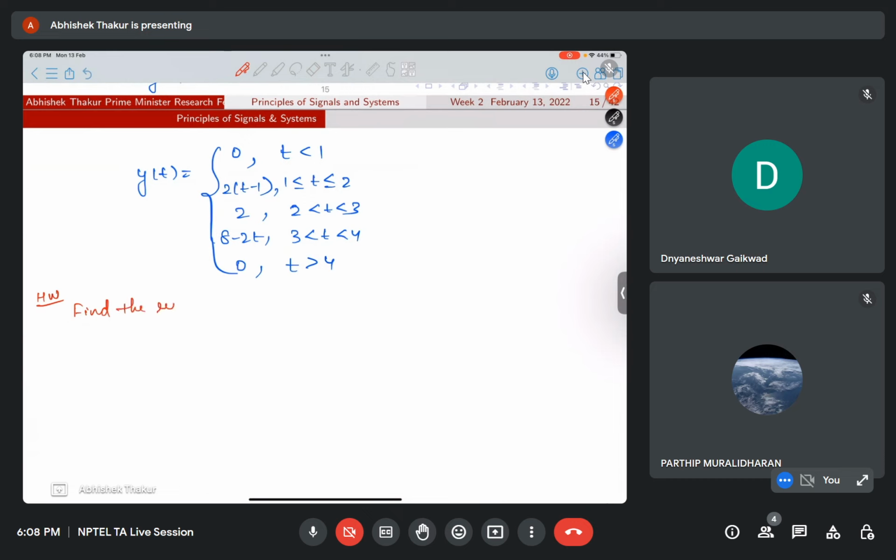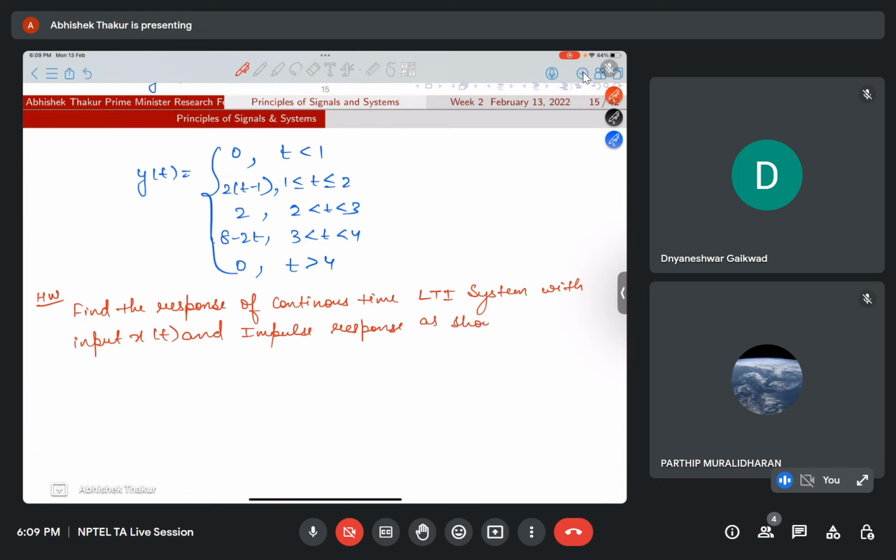Now, this is the homework question. Find the response of continuous time LTI system with input xt and impulse response ht given below.